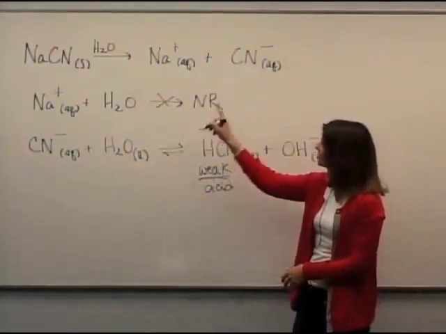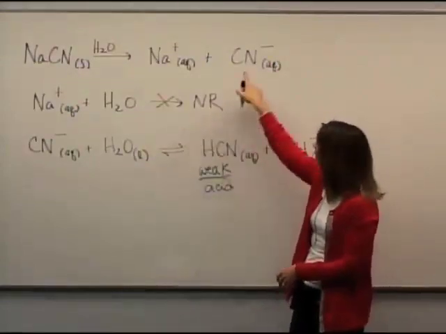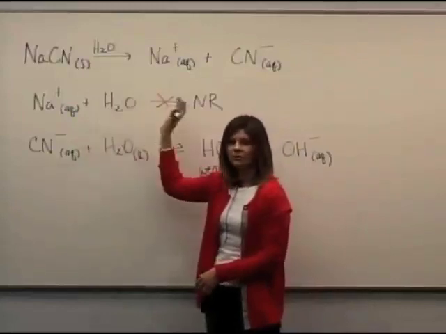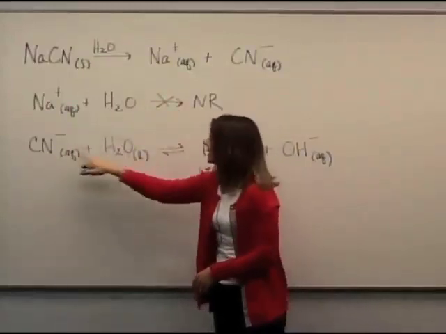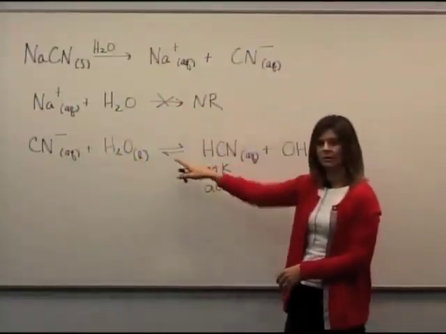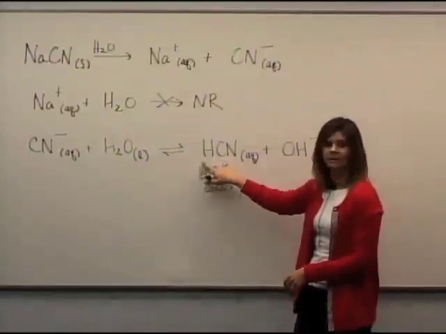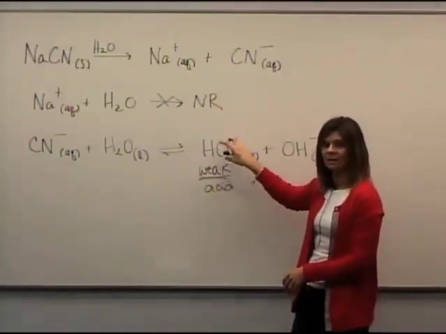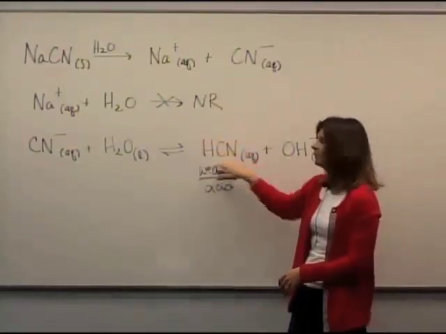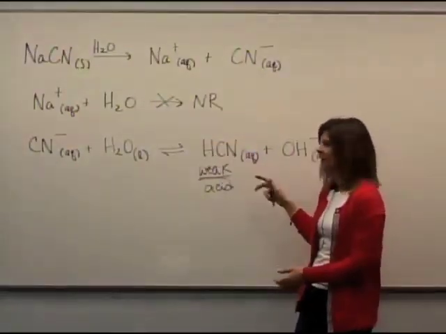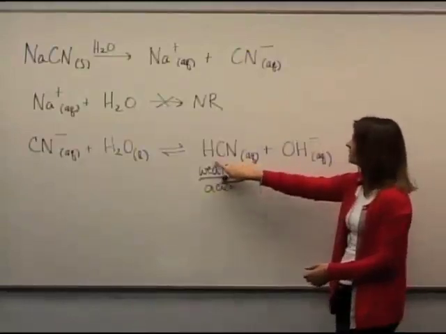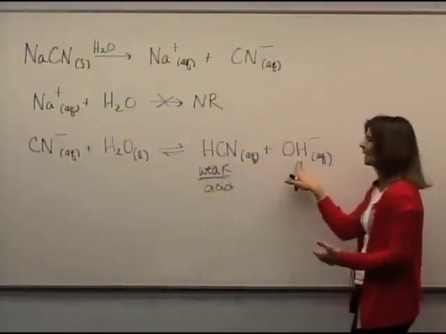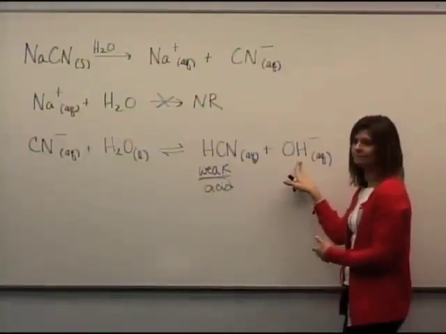So as soon as that sodium cyanide hits the water, it dissolves into these two separate ions. The sodium just floats around, doesn't do anything. The cyanide starts tearing protons away from water and forming lots of molecules of HCN, because remember, weak acids exist mostly in the form of the molecule, not as separate ions. So most of them look like this. And as that cyanide is pulling protons away from water, it's leaving behind a whole bunch of hydroxide ions.